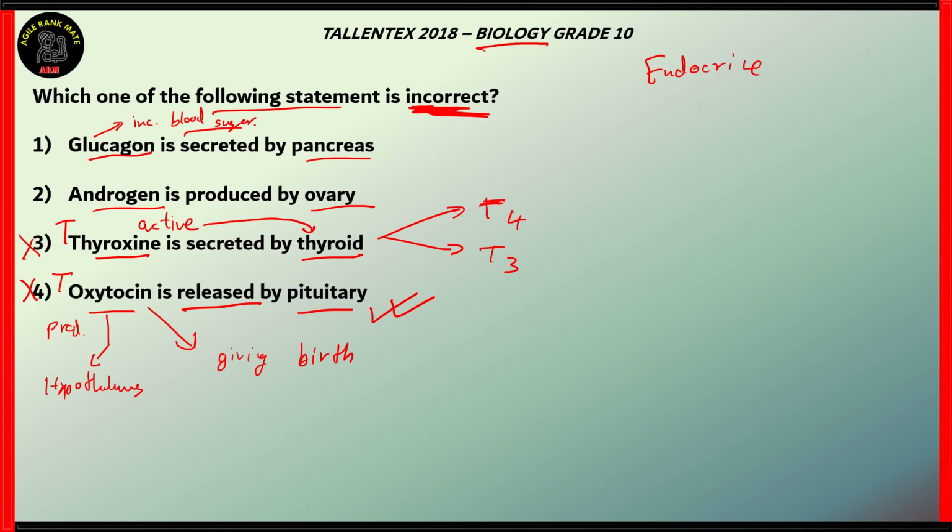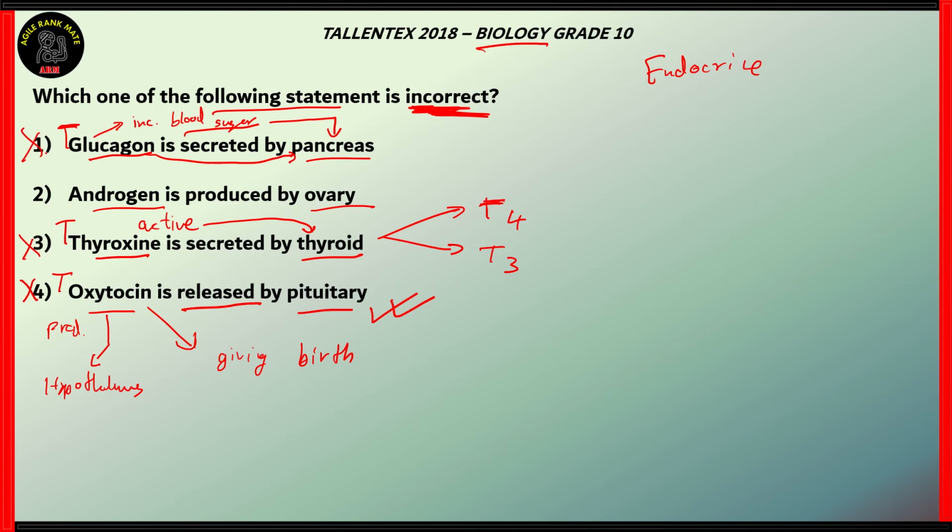Now, when it comes to blood sugars, the other major hormone is insulin, which is again produced by the pancreas. So glucagon, the hormone being produced by the pancreas, is actually a true statement. Glucagon and insulin are the two hormones of the pancreas, which help in maintaining blood sugar levels.